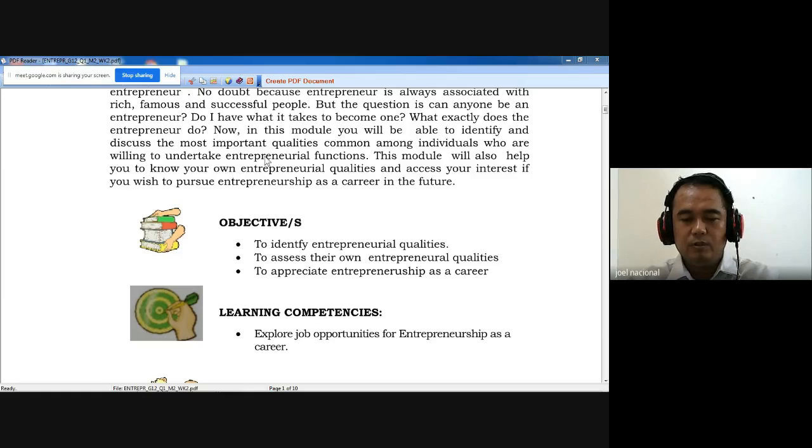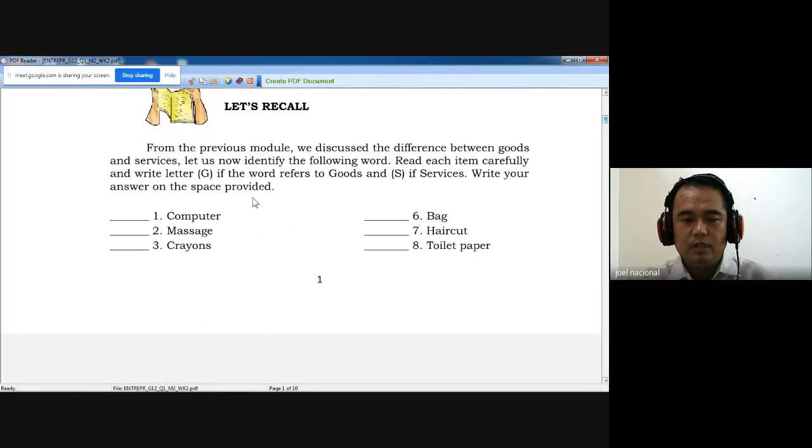So we're going to move to the let's recall portion of the module. From the previous module, we discussed the difference between goods and services. Goods can be touched, services cannot be touched. Let us now identify the following word.